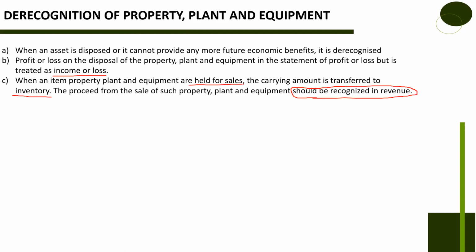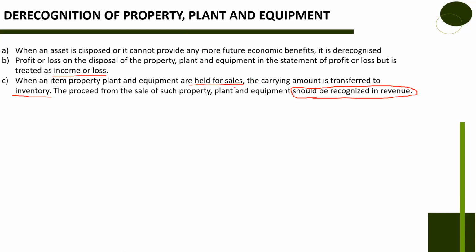They are not using it for the daily operations of their business. Somebody that is selling cars, like Elizade Motors, all the cars that they have in their shop will be carried as inventory, not as PPE. For somebody that is not selling cars, maybe he's selling clothes, but has a car that he is using to sell clothes, that will be recognized as property, plant, and equipment.